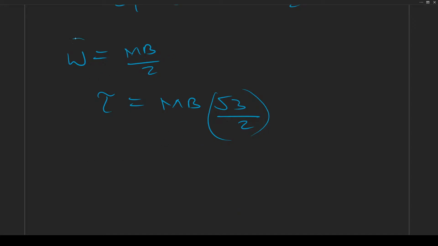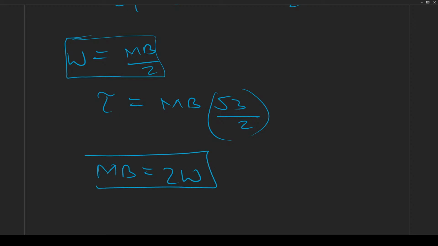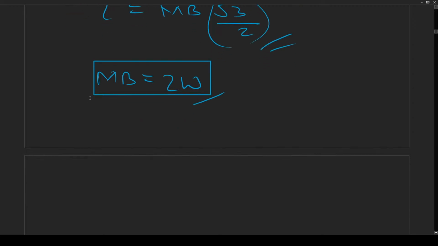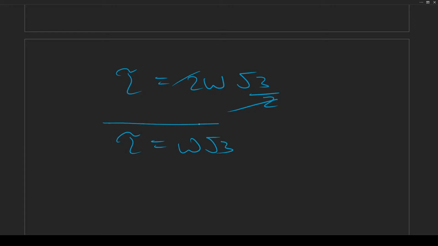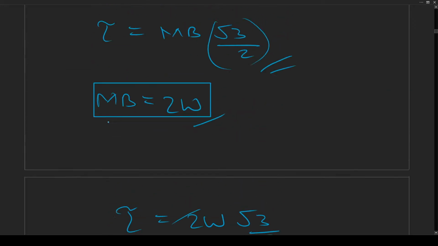From the first equation, we get mB equals 2 times work done. Now substituting this value in the torque equation, we get torque equals 2W times root 3 by 2, which is equal to W root 3.